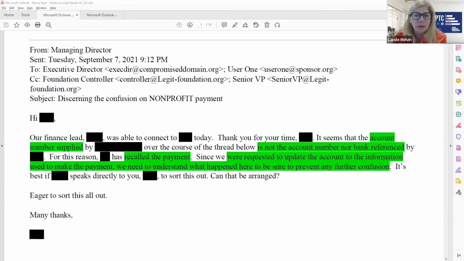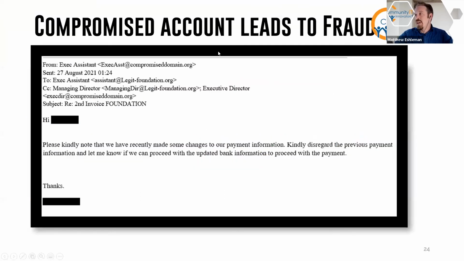In this case, they were lucky that somebody was paying attention. Yeah. So again, really scary stuff. And we can see why it's really important to have those protections on the account, because if you have a compromised account at your organization, that represents a liability and can be used to exploit relationships that your organization has with other partners.